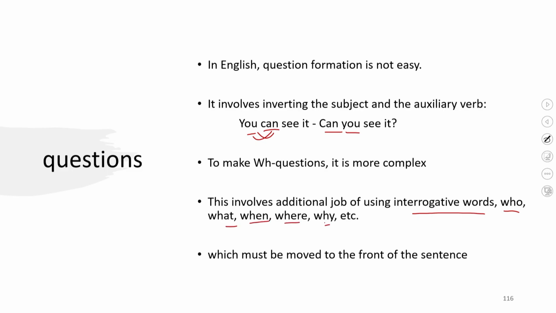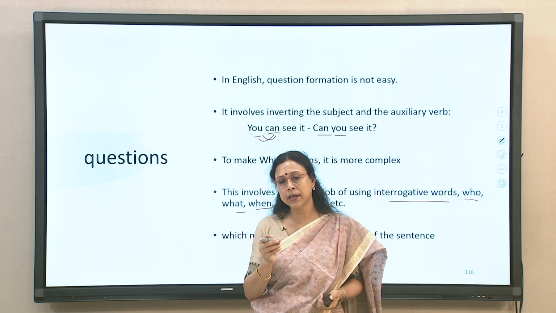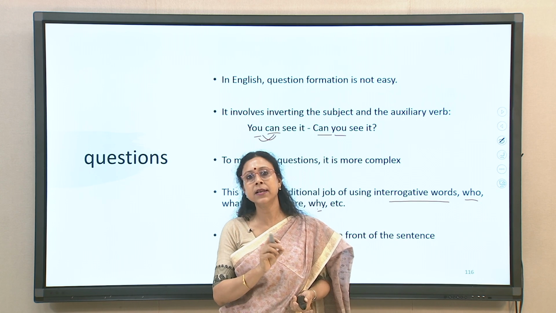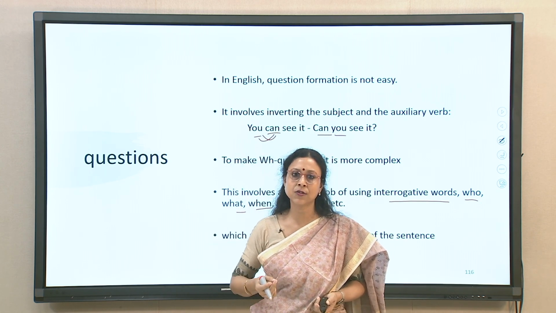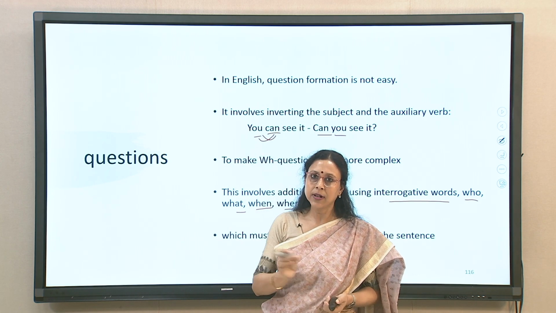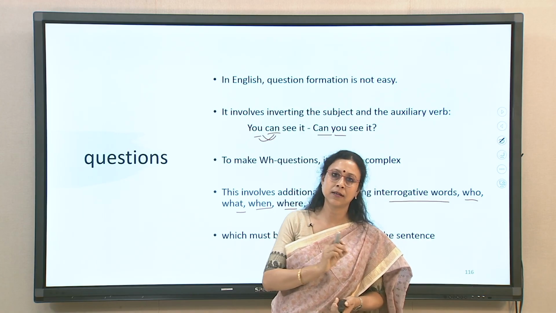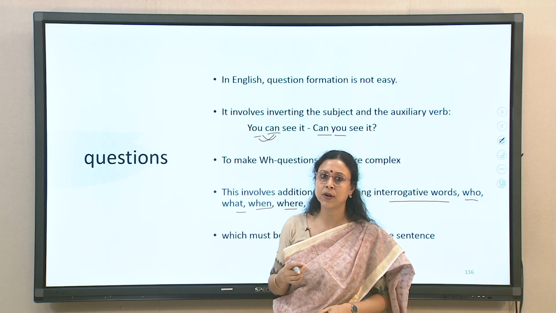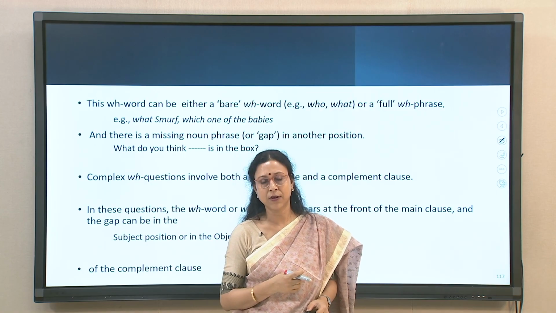The questions that start with a WH word like who stole the book, where did you go, what do you like. Wherever we have a WH question, we have the WH word in the beginning followed by the rest of the sentence. So, there is a fronting of the WH word that also is part of creating interrogative sentences in the English language.